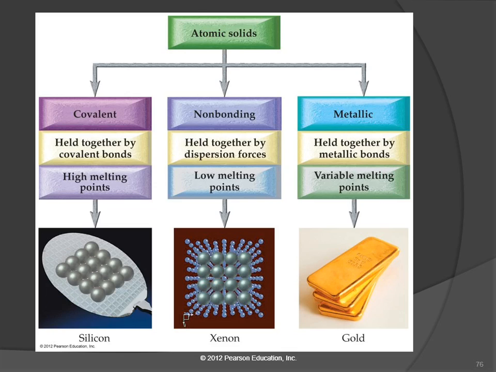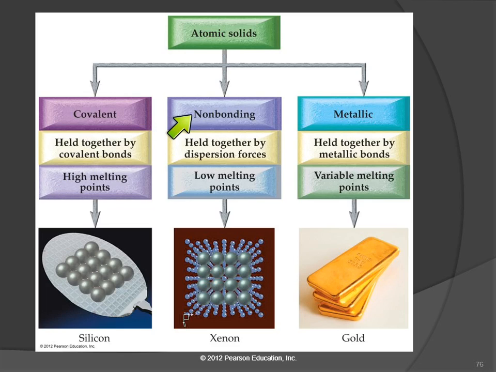This is where the individual atoms are covalently bonded to each other. So in reality, the piece of substance is really one ginormous molecule. These types of solids are pretty unusual. There aren't that many of them. But because they're held together by covalent bonds, they're going to have high melting points.